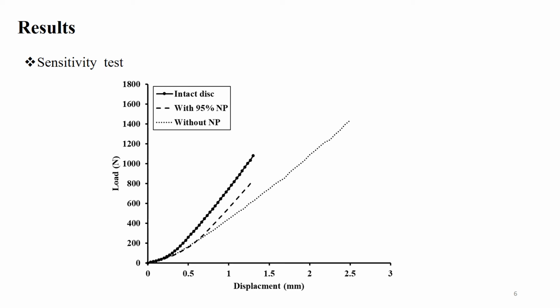In other words, in the future, if we would like to replace the nucleus pulposus of the degenerated disc, the cavity in the central part of the intervertebral disc has to be filled with the material, and we cannot leave some of it empty or give only a little material in the central part of the disc.